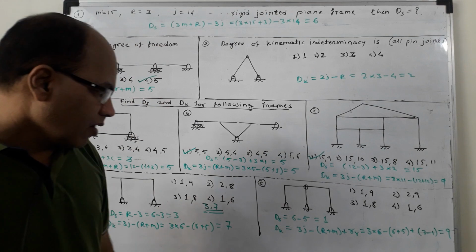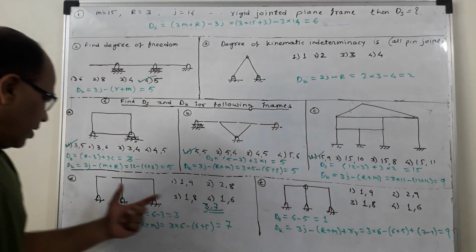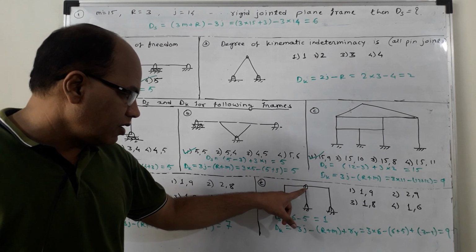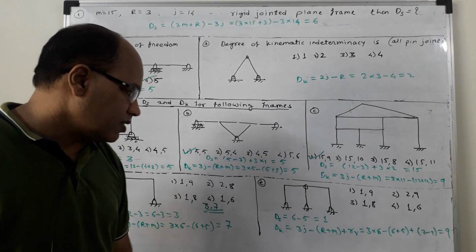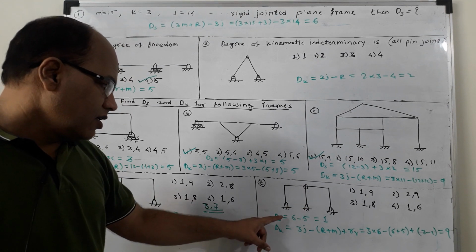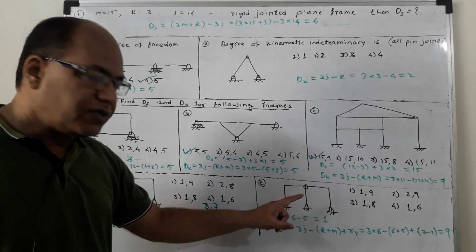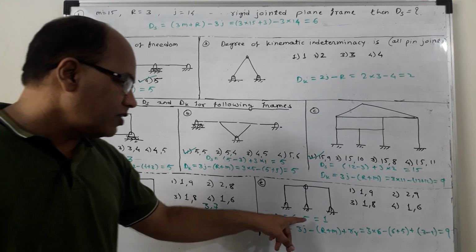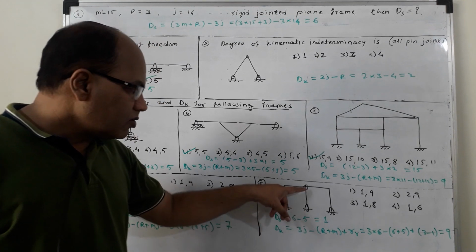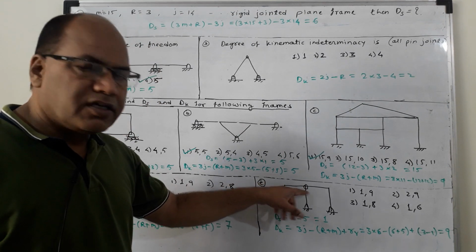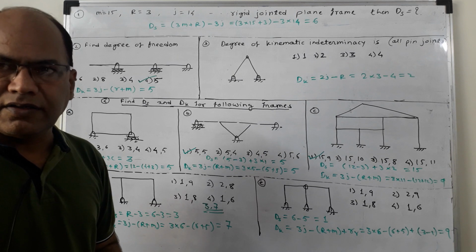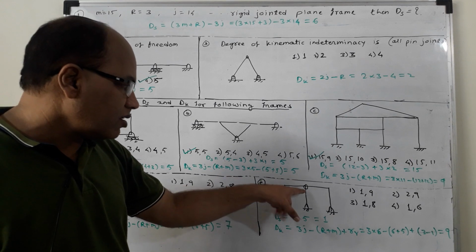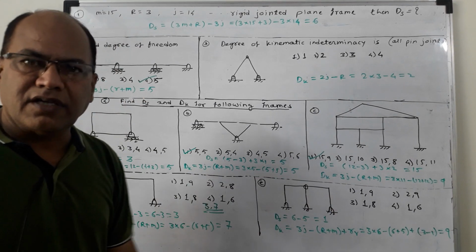Question number E. Now here it is the same frame similar to this one. The only difference is that one additional hinge is provided over here, so it becomes a hybrid type of structure, and ds is given as ds is equal to r minus 3. Instead of 3 we will have to consider the total number of equilibrium equations which are available. Now because of the hinge provided over here, some additional equations are available. 3 is the usual number of equilibrium equations, but because of the introduction of the internal hinge, additional equations are available.